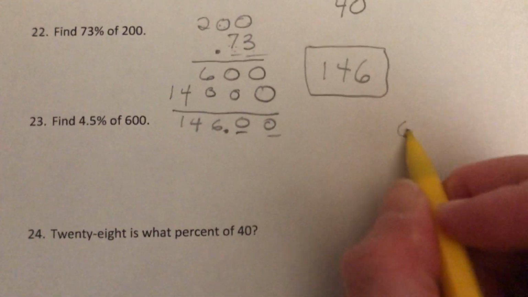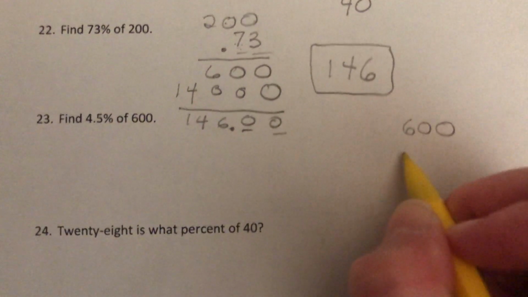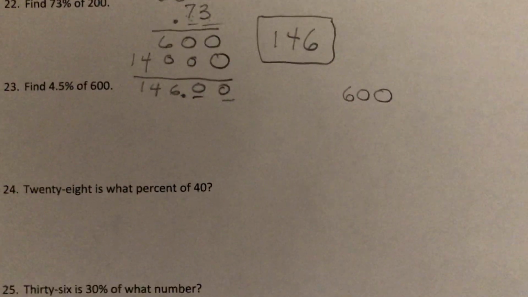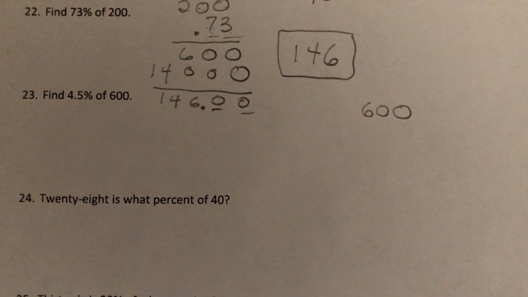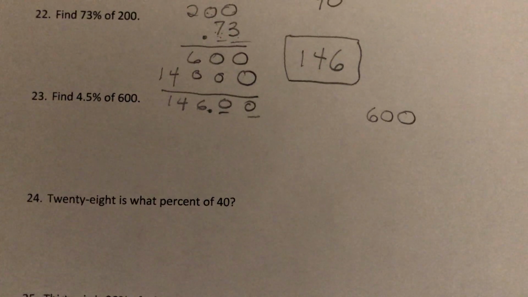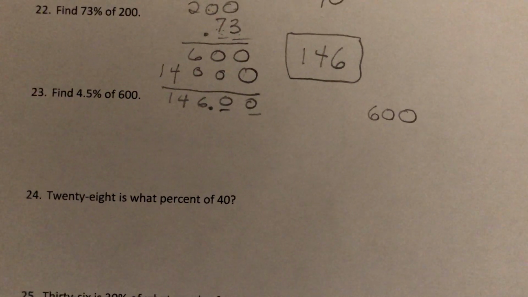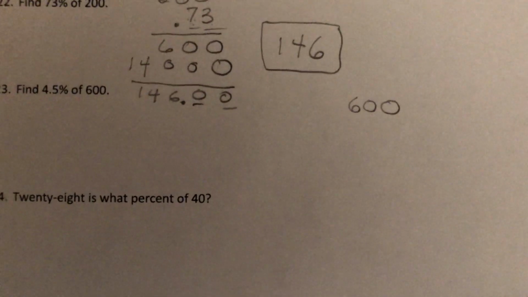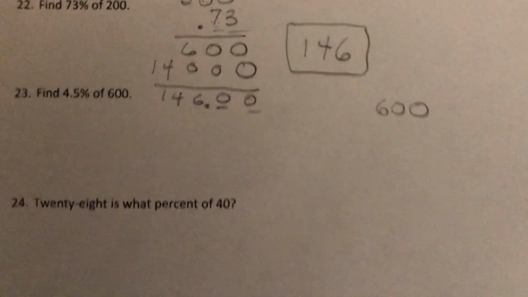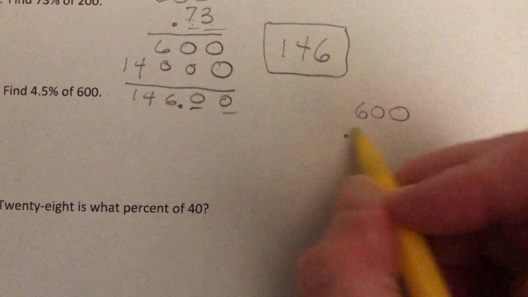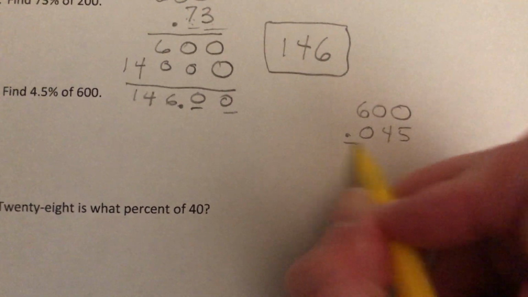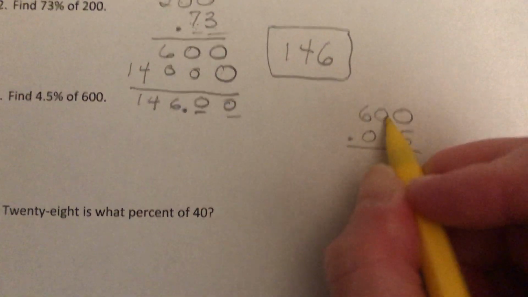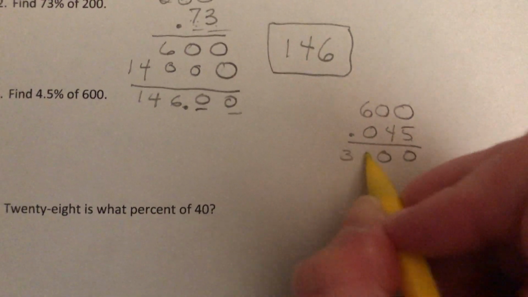The next one, find 4.5% of 600. Once again, the word of means to multiply. So I'm going to take 600 times 4.5%. But I need to write 4.5% as a decimal. So to convert from a percent to a decimal, move the decimal point 2 places to the left. So it's 0.045. So 0 times 5, 0 times 5, and 6 times 5.